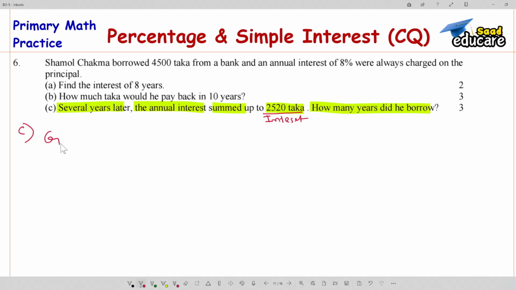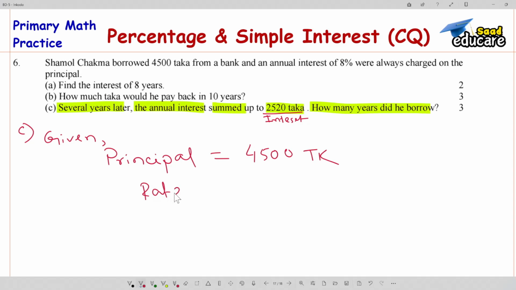So we can write given principal P equals 4,500 taka, right? And then rate, it is already mentioned, which is 8%.